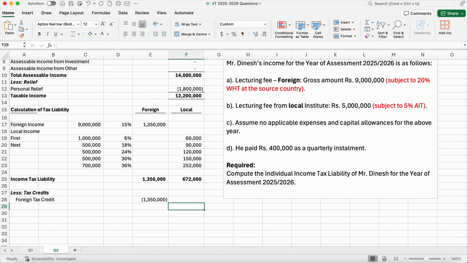And there is also a separate circular, because if you are earning more than 100,000 per month, then it is subject to tax at the rate of 5%. So if you divide it by 12, then you can say more than 100,000, then it is subject to tax at the rate of 5%.